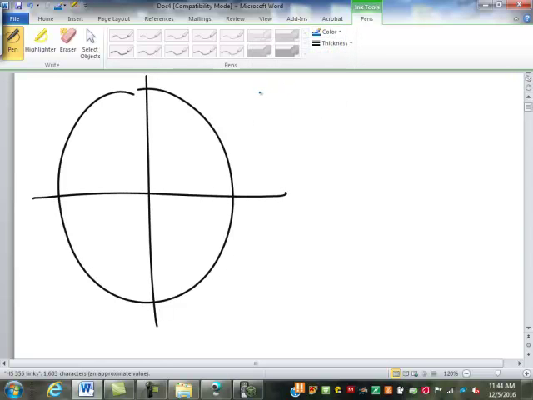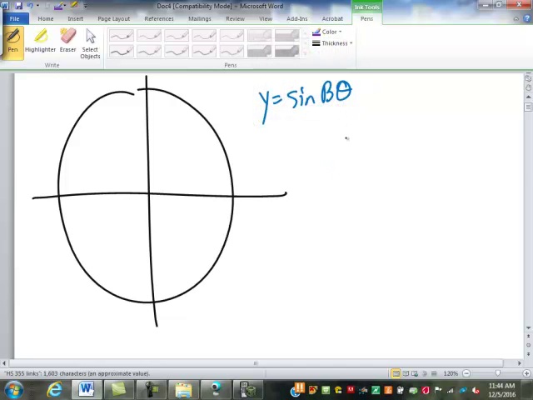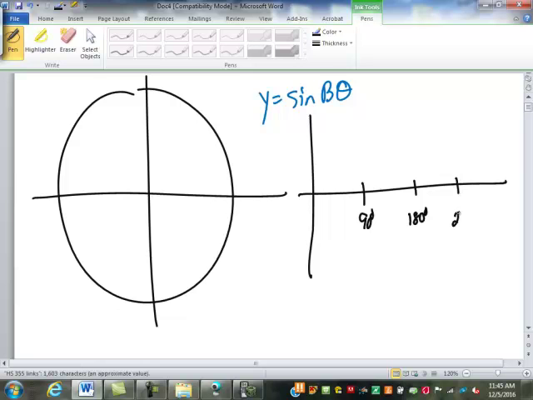So what happens if we have y equals sine of b times theta? So I'm going to put b in there now. This is still going to be 90 degrees, 180 degrees, 270, and 360.